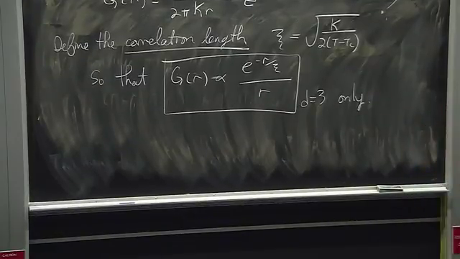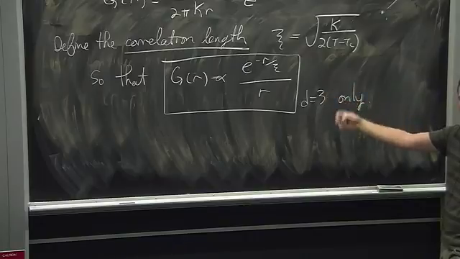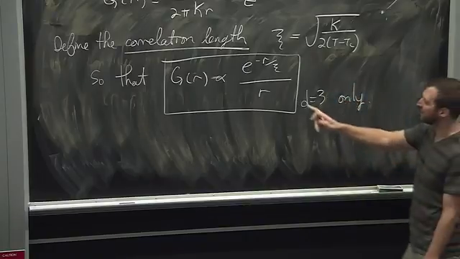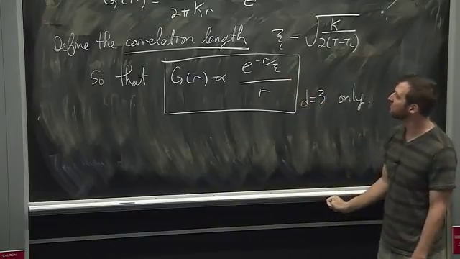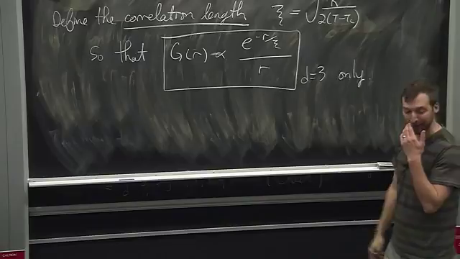So when you do the D-dimensional calculation, you're going to have to worry about the dimensional dependence of this expression, basically. But what you'll find, luckily, is that the argument of the exponential doesn't change. The only thing that changes is this piece here.